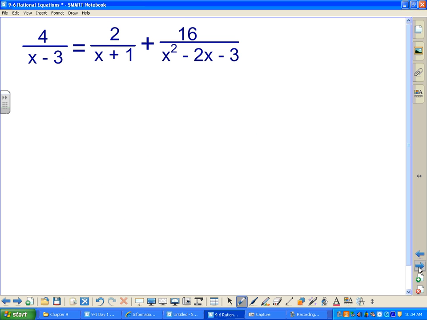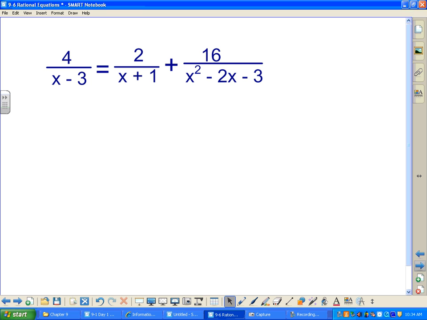So let's take a look at this one. 4 over x minus 3 is equal to 2 over x plus 1 plus 16 over x squared minus 2x minus 3. So why don't you write that down first. Ideas on what we might have to do first on this one.